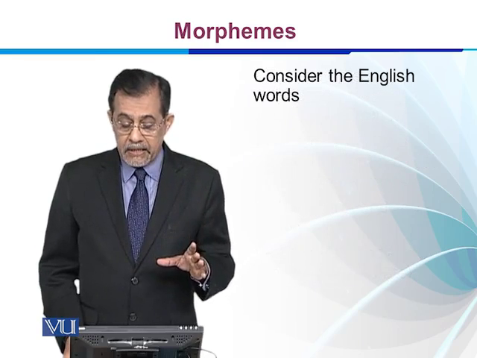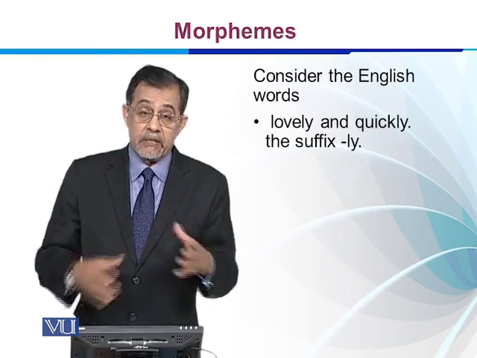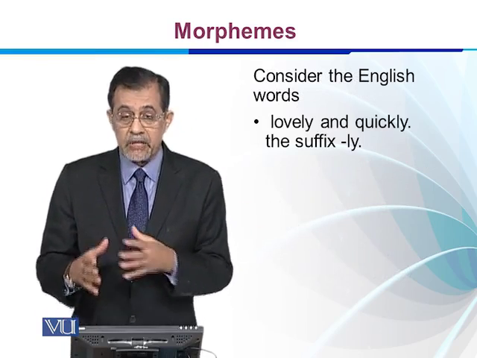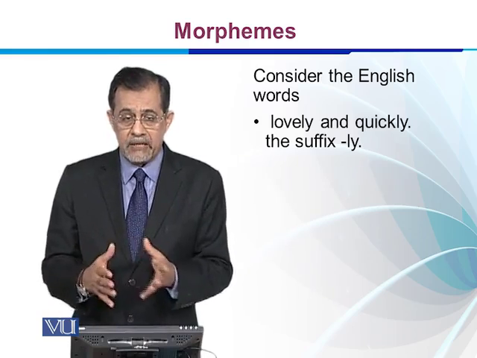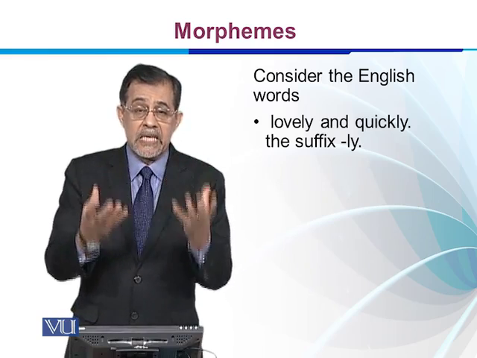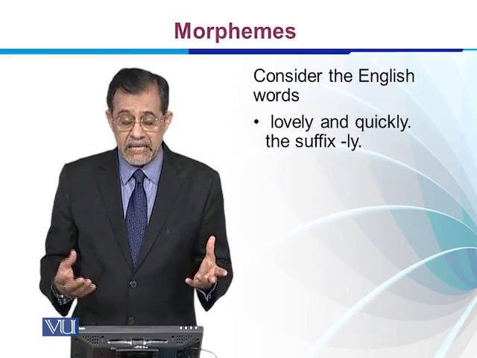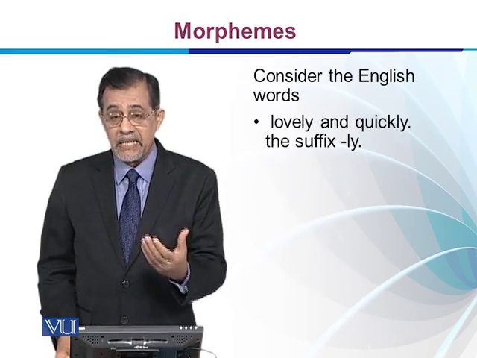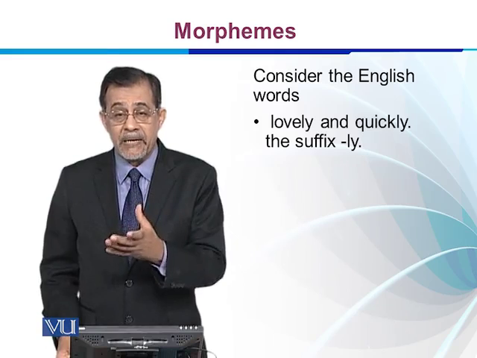So consider the English words. Let's take some other examples, lovely and quickly. If we look at these two words, ly and ly, both in lovely and quickly, they apparently look to us the same morpheme, but actually they are not. Why? Because lovely is an adjective and quickly is an adverb, like rapidly, right?